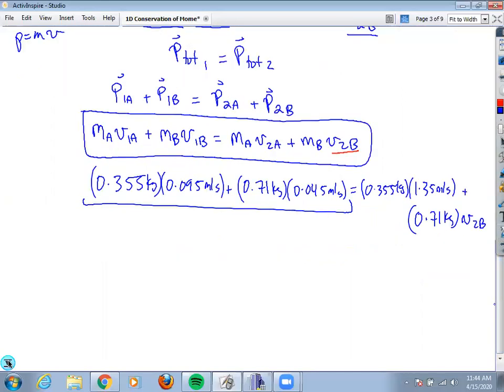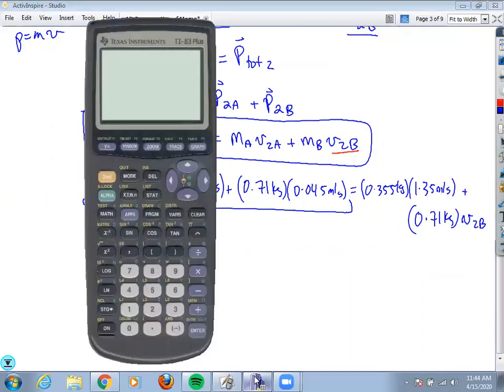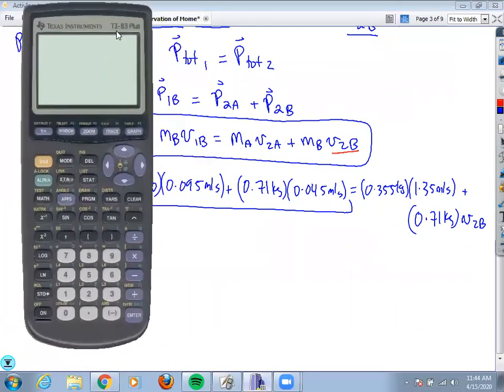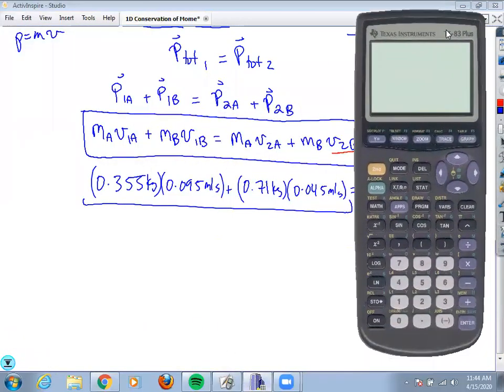We'll clean up the left side to get the total momentum before. So the total momentum before will equal 0.355 times 0.095, and then we'll add 0.71 times 0.045, and we get 0.065675.